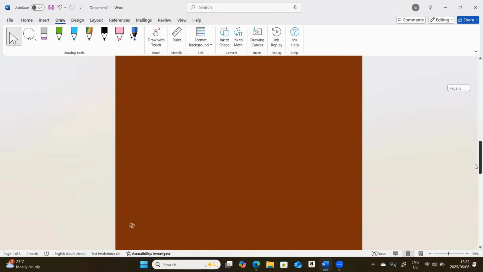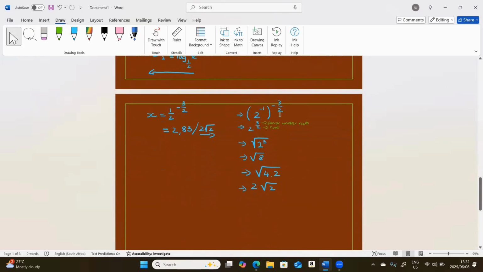Okay, so my answer is then going to be that x has to be greater than 0. It cannot be equal to 0 because when x equals 0, it's my y-axis, and that's my asymptote. So that's why we only say x is greater than 0, but then x is smaller than or equal to 2 square root 2. And then that is your final answer.